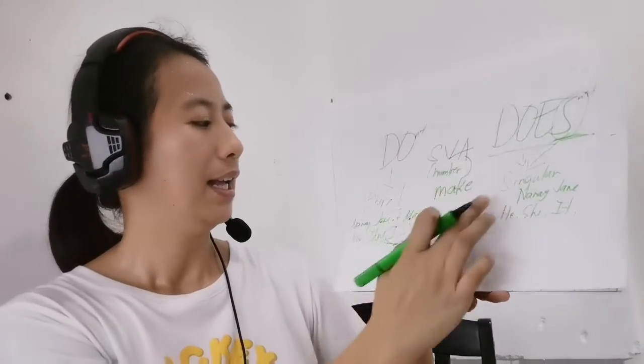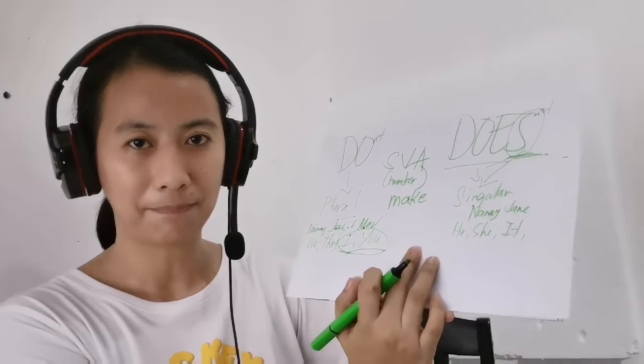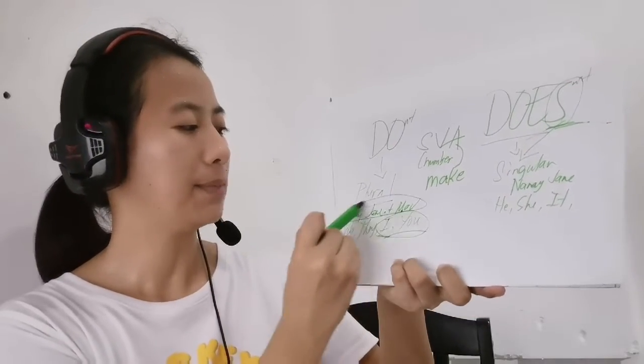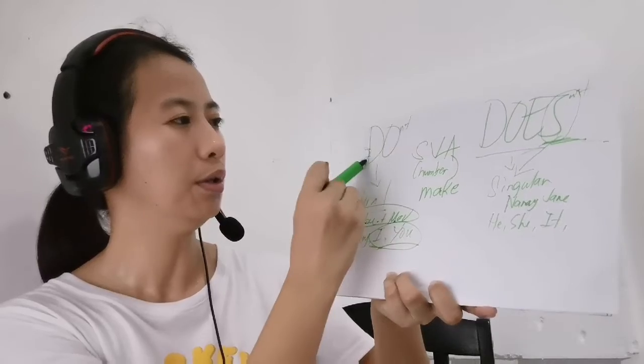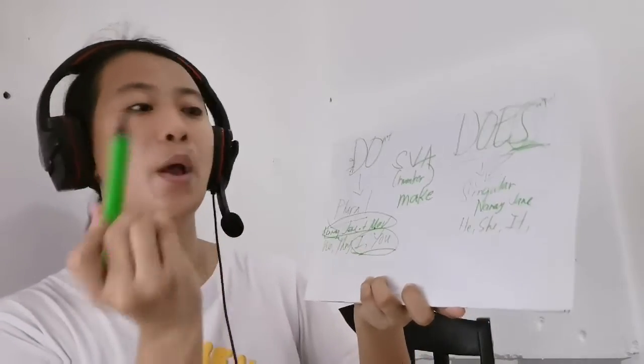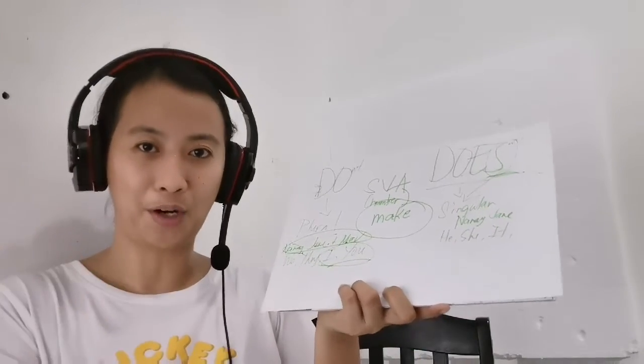Okay? Nanay Jane doesn't make ice cream. Okay? So remember, if the subject is plural, we use do. And if the subject is singular, we use does. With the verb in its base form.